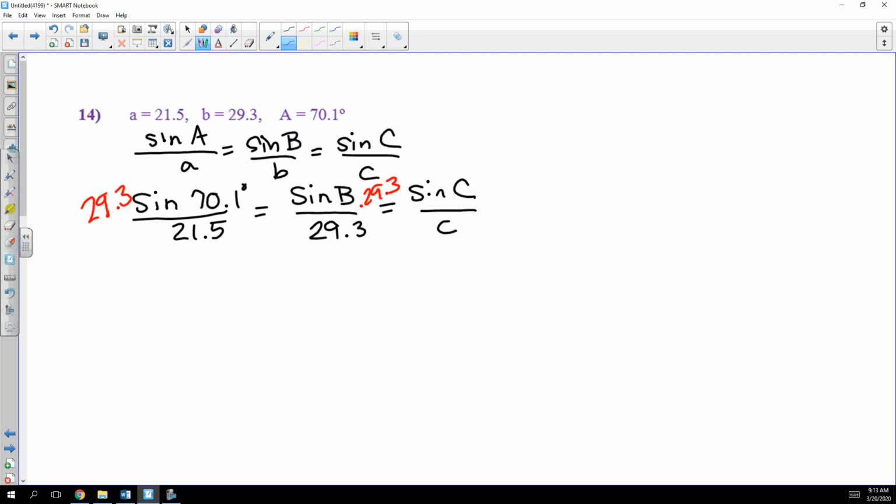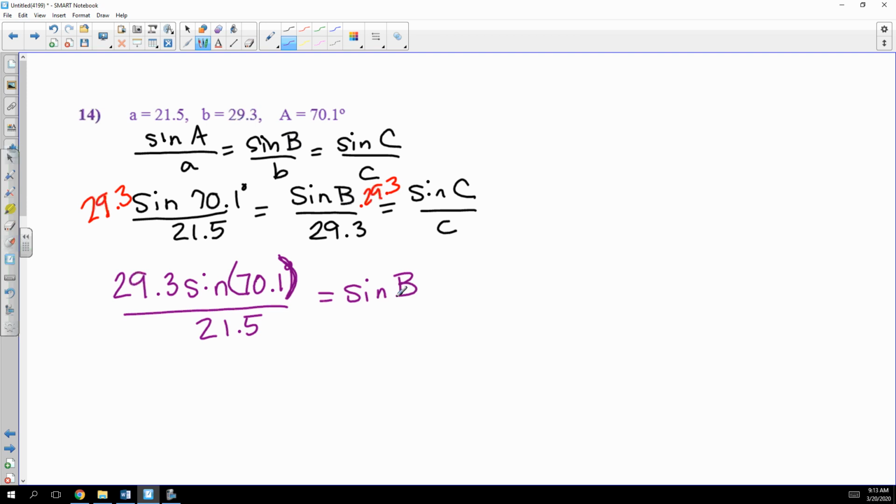So I'm going to type in 29.3 sine of 70.1 degrees. Don't forget to close the parentheses, divided by 21.5 equals sine B. So sine B is approximately 1.28.